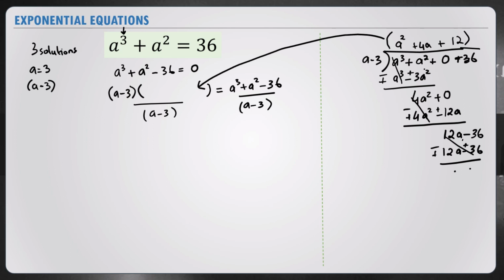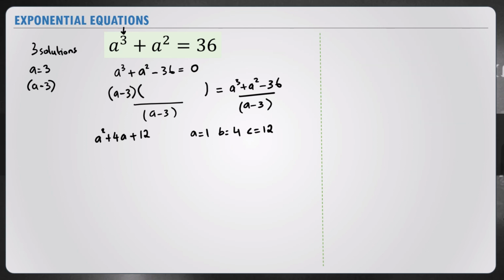All right. So now a squared plus 4a plus 12 can be solved using the quadratic formula where a is equal to 1, b is equal to 4, and c is equal to 12. Let's do that in the working space. Let's find b squared minus 4ac.